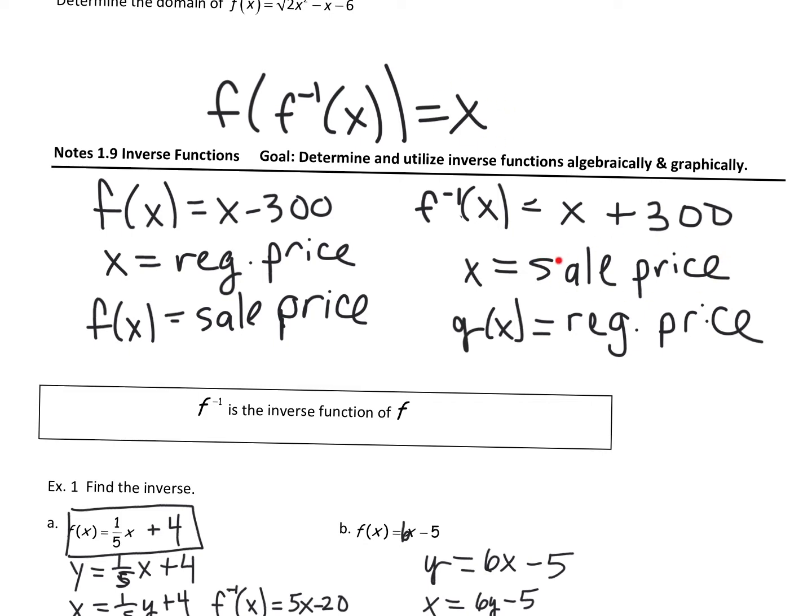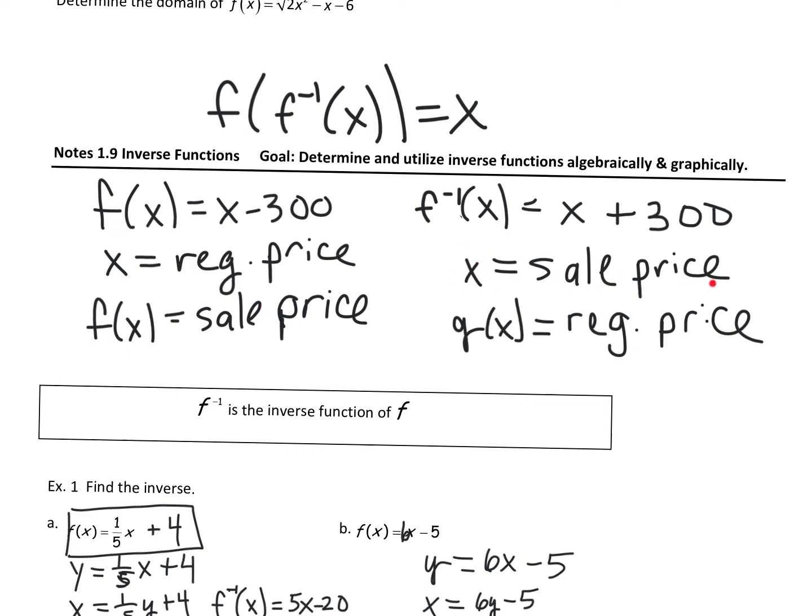So if I take the sale price, x, insert it into f inverse, we get out the regular price. That is our f inverse of x. Now I'm inserting that into f of x. If I insert the regular price into f of x, we get out the sale price, which again was x in this example.